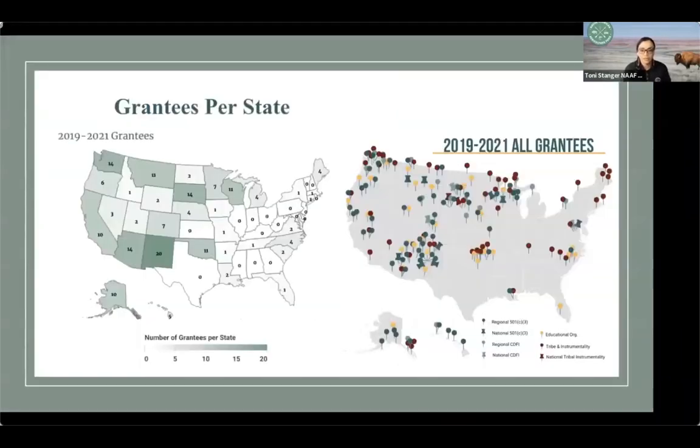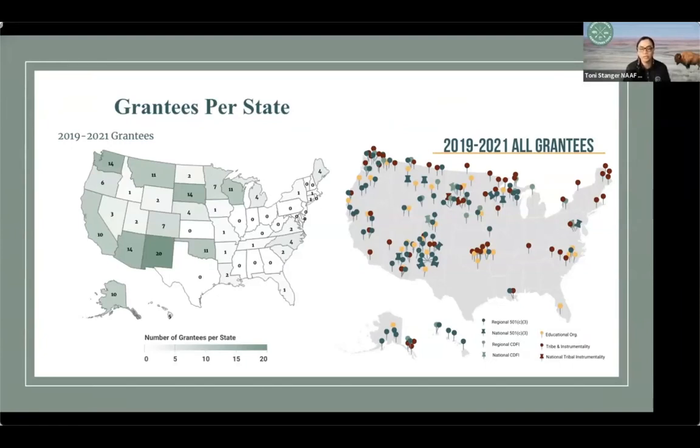You can see on our website and here today some of our grantees. We are trying to fund in as many states as we can, and we would like our geographical footprint to expand each year. But again, we know that a great number of our applicants are going to exist where Indian Country is and where reservations exist. You can see that we have a pretty good stretch across the United States.